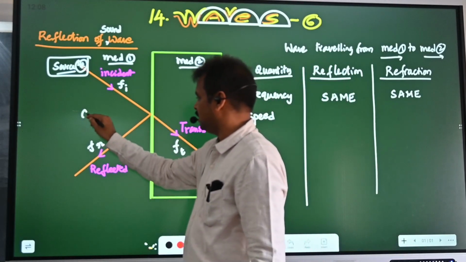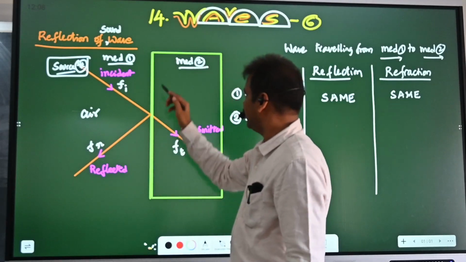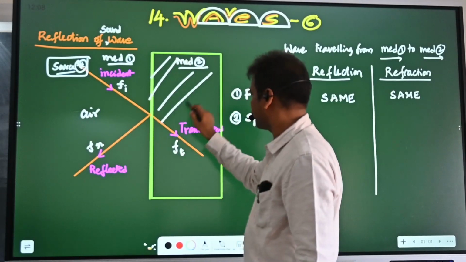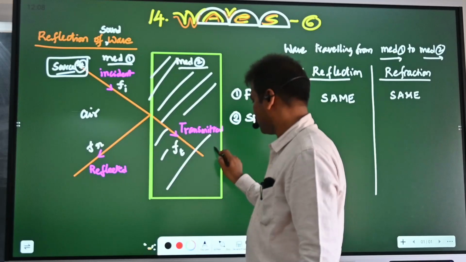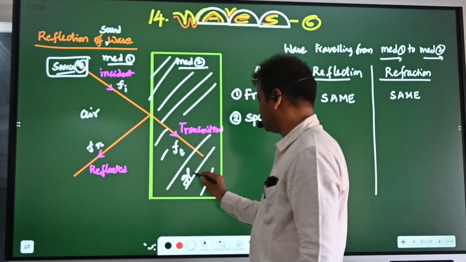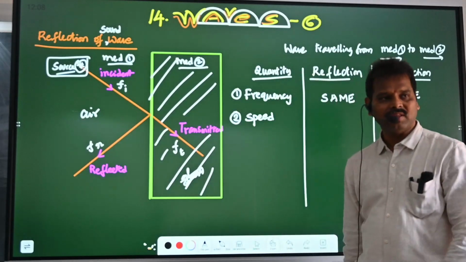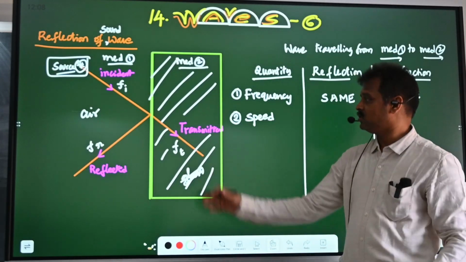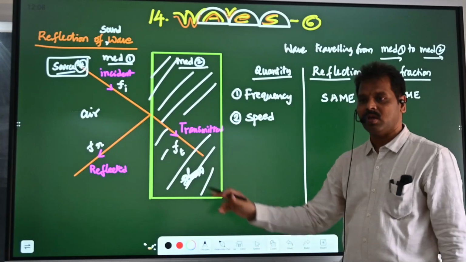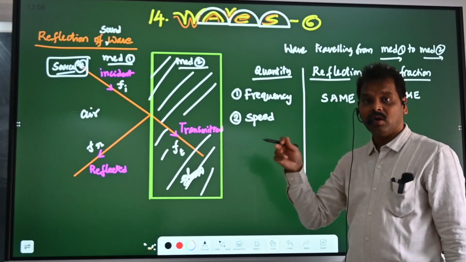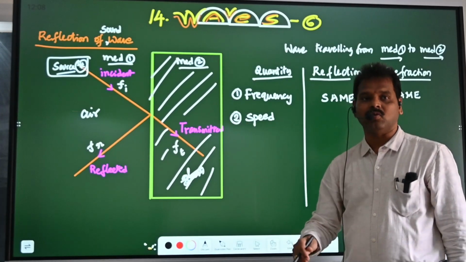Let us say I am taking this as air, students. Let us say this is some other medium, a glass piece or some other medium other than air. Let us say this is petrol or diesel. That is also okay. Sound can also travel through iron.